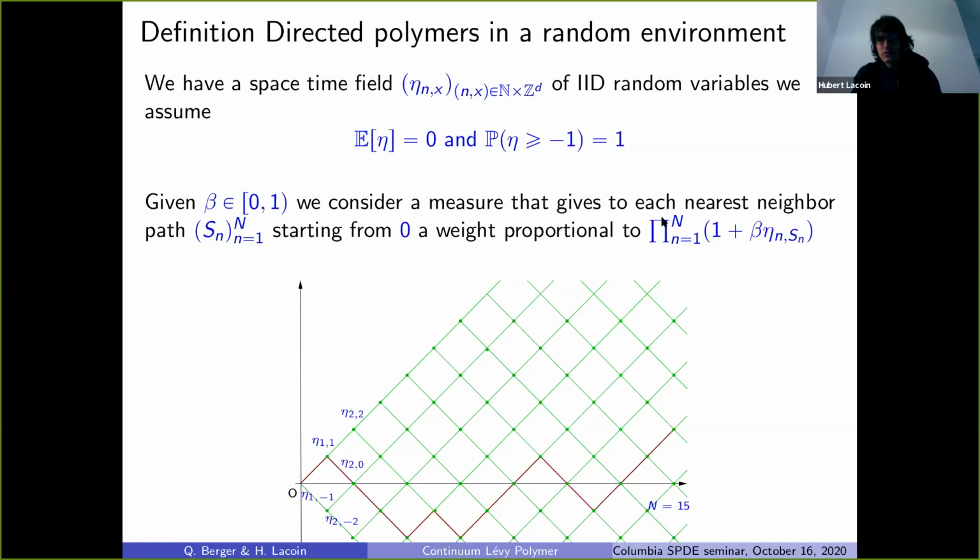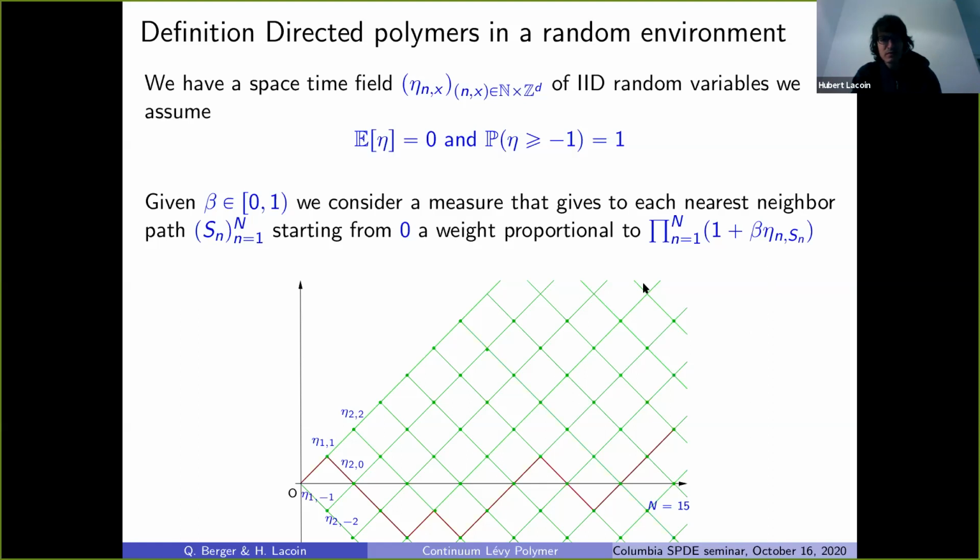And for this thing to be always positive, we are going to assume that eta is larger than -1 almost surely. Then the directed polymer will simply be the measure on this set of paths of length n that gives to each path a probability proportional to this.